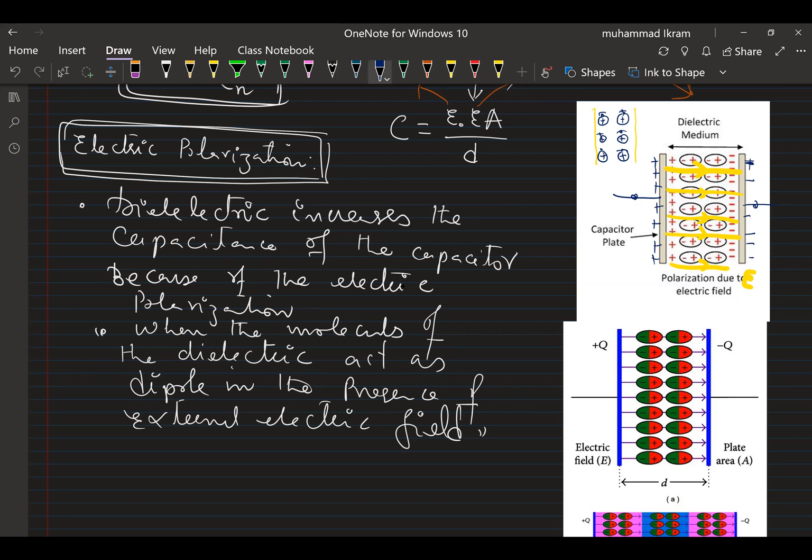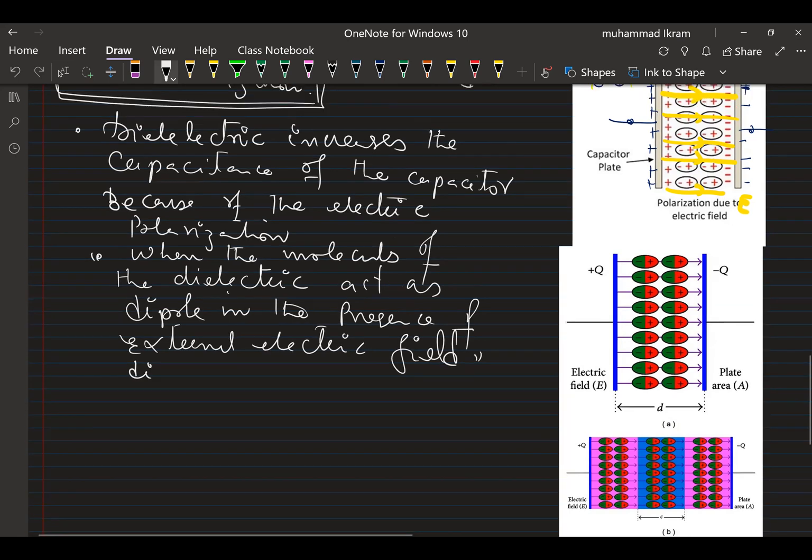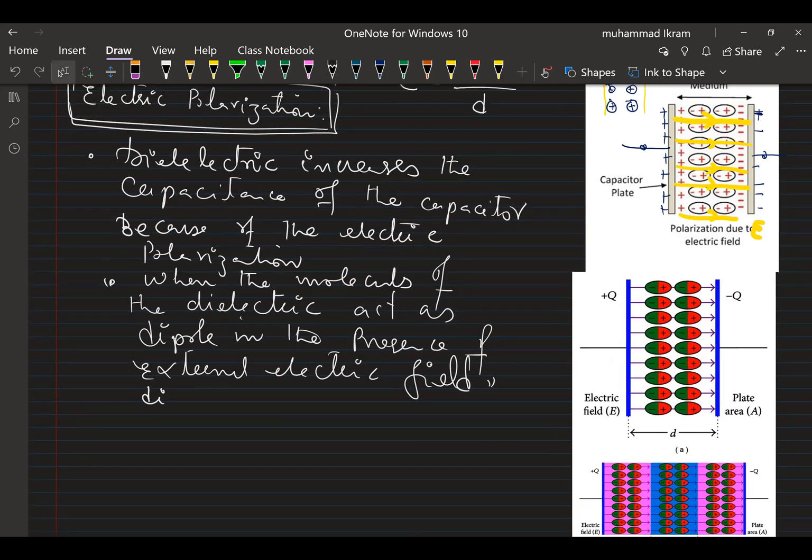Now each dipole produces a tiny electric field. The dipole is the slight displacement of each molecule into the positive and negative charge part in the presence of the external electric field.